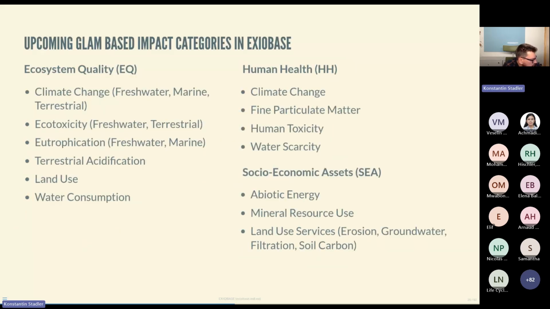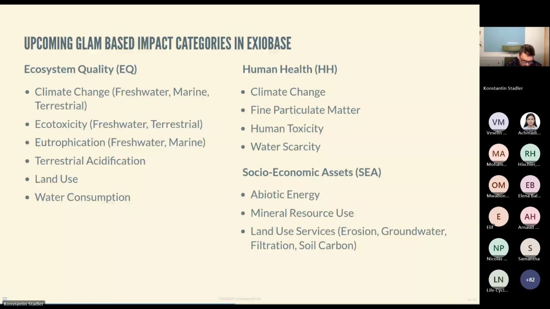This gives us several new impact categories. So we have now climate change and its consequences, ecosystem quality consequences on freshwater, marine, and terrestrial ecosystems, be it ecotoxicity, eutrophication, terrestrial acidification, land use, and water consumption. Four more human health impacts, and also now socioeconomic assets.